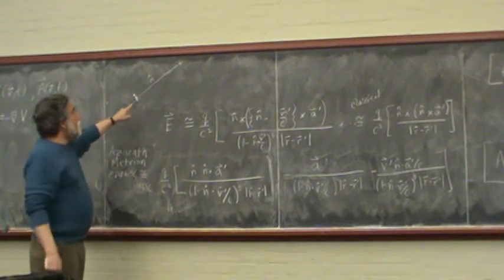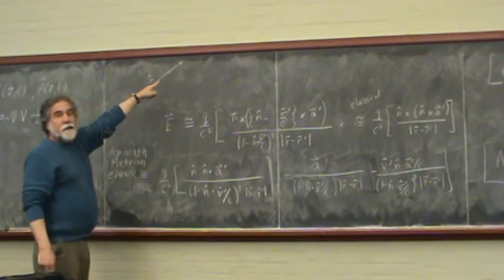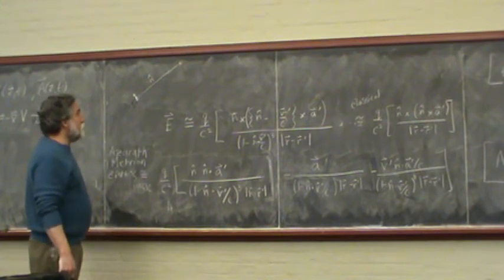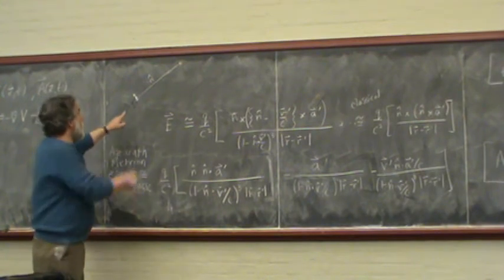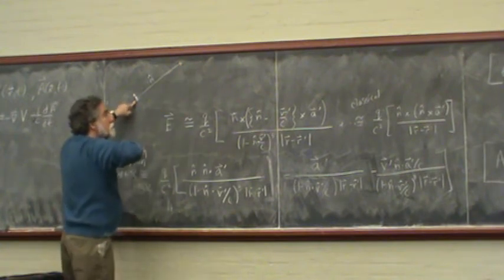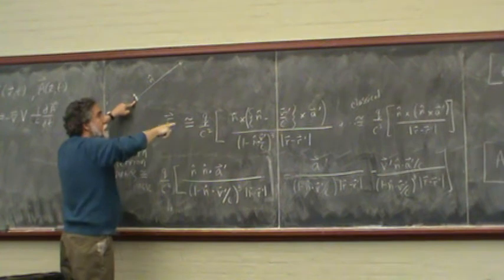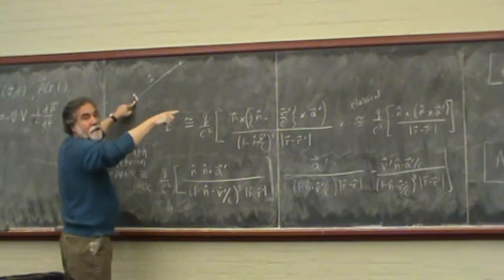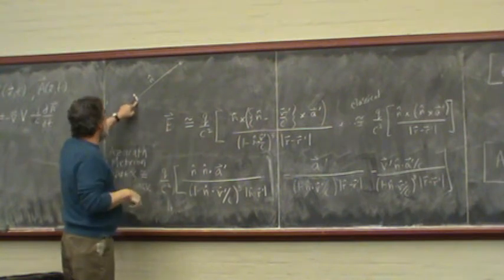And the field that I observe out there is going to be at right angles to this and parallel to the acceleration, because I've got an n cross A cross n, right?